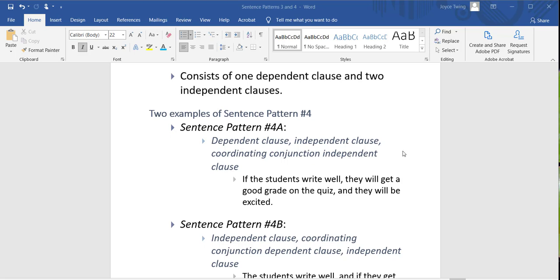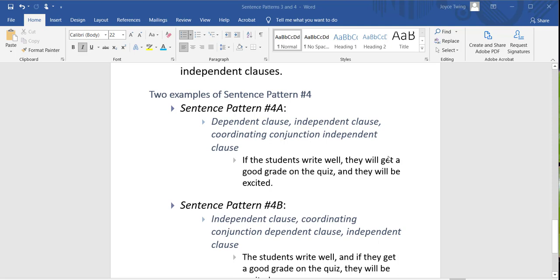Let's inspect it and see that that's not really awful. The reason why this is a complex sentence: if the students write well, comma, they will get a good grade on the quiz. We could stop it right there, which would make it sentence pattern 3A, a complex sentence: independent clause, and then a dependent clause.